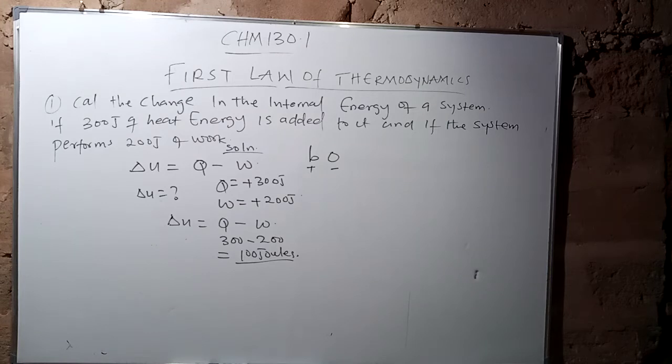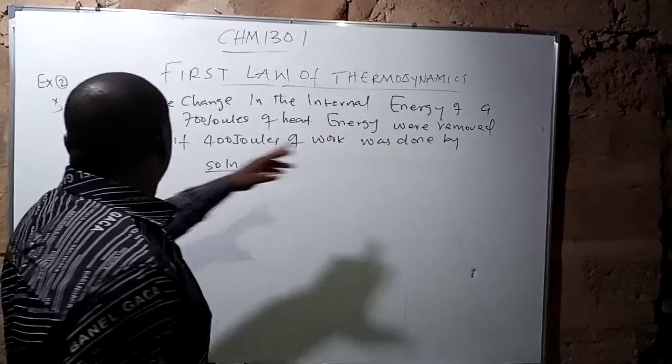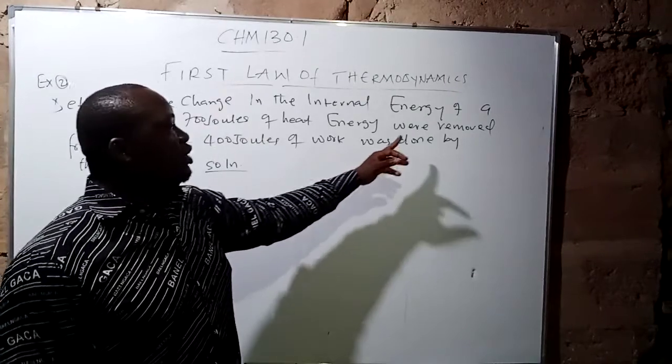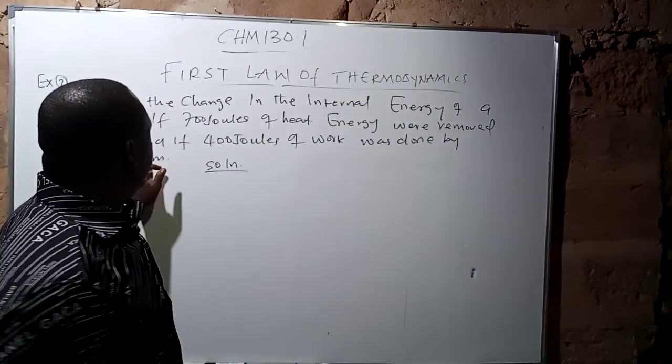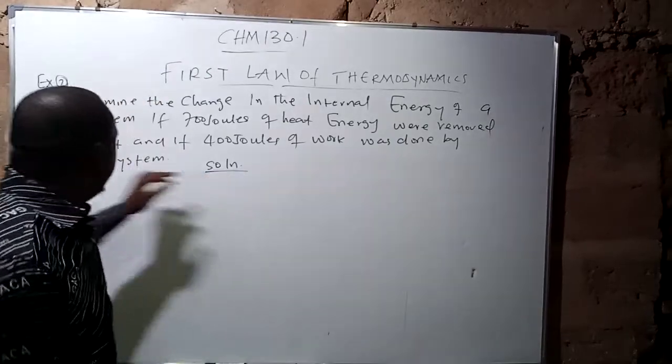Let me solve more examples. We are into example number 2: determine the change in the internal energy of a system if 700 joules of heat energy were removed from it, and if 400 joules of work was done by the system.